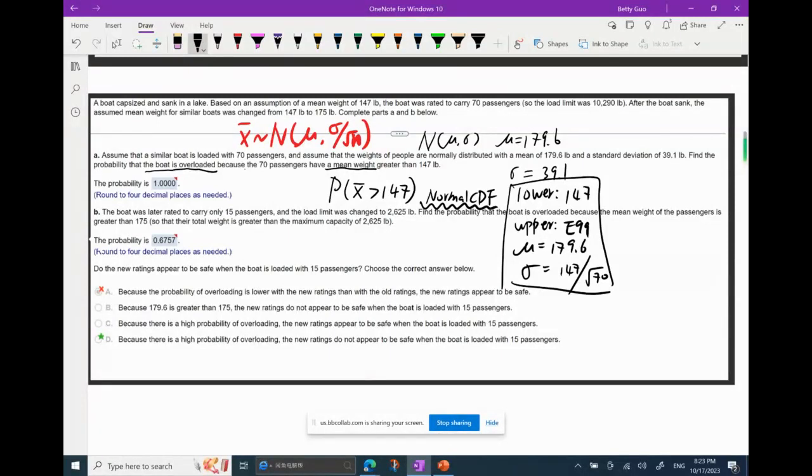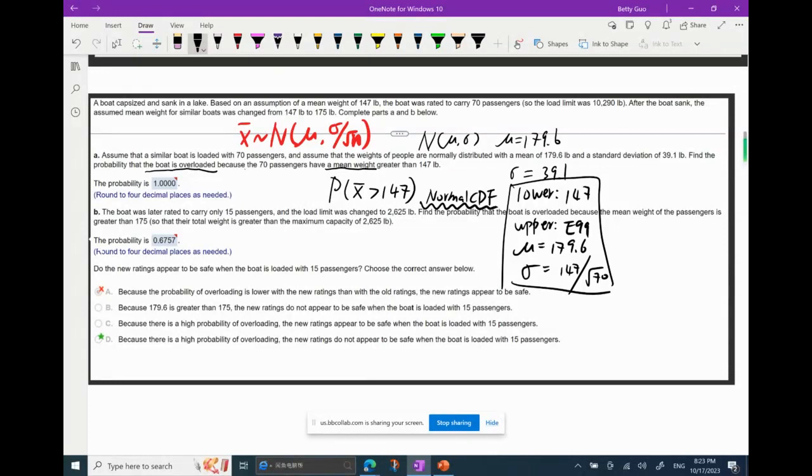Sigma is 149 divided by square root of n. N is 70. Close the parentheses and then paste. What do you have? Round to 4 decimal places. I have 0.9664.